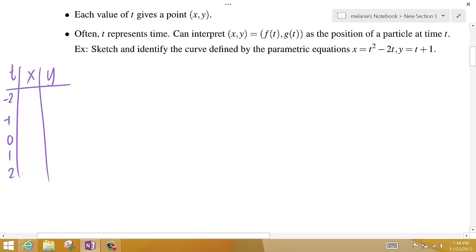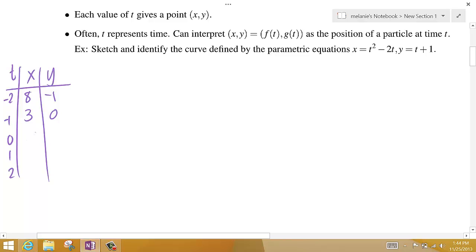So when t is -2, x is -2 squared, which is 4, minus 2 times -2, so I get 8. Y is -1. When t is -1, for x I get -1 squared, which is 1, and then -2 times -1 is a positive 2, so I get 3. Y is -1 plus 1, which is 0.